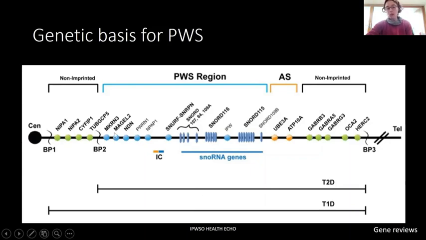And there's lots of research ongoing about which of the genes in the deleted region and in the PWS region are critical. It's probably not just a single gene like MAGEL2, for example. It's a combination of lack of expression of a number of genes in the PWS region and the non-coding RNAs that are probably contributing to the phenotype.